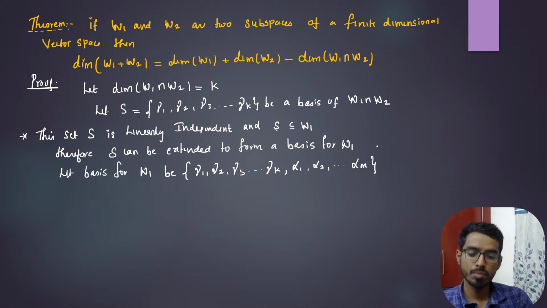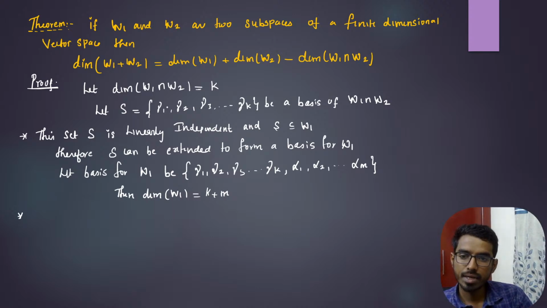That's the basis of W1, right? Then what is the dimension of W1? Already here we have k elements and then we are adding m elements. Therefore, the dimension of W1 is k plus m. Now, similarly, these vectors are also in W2, but these are linearly independent vectors in W2. It necessarily need not be a basis for W2.